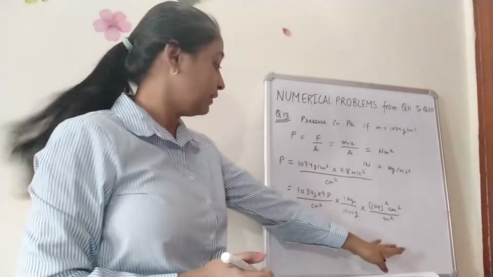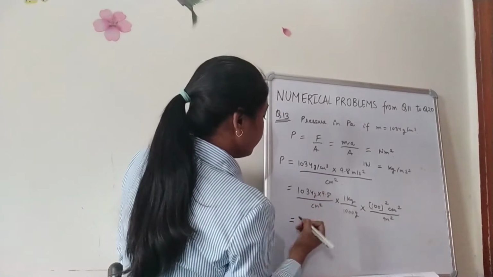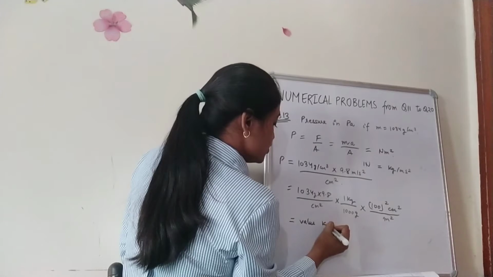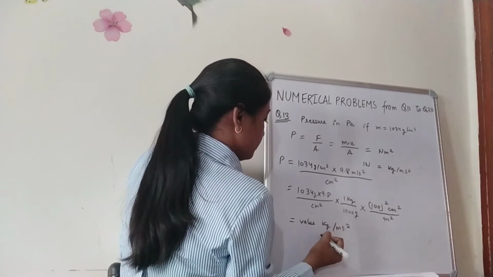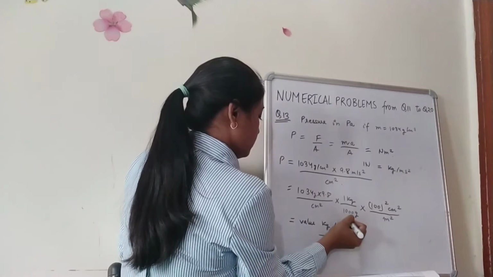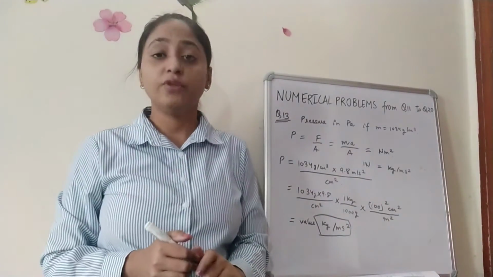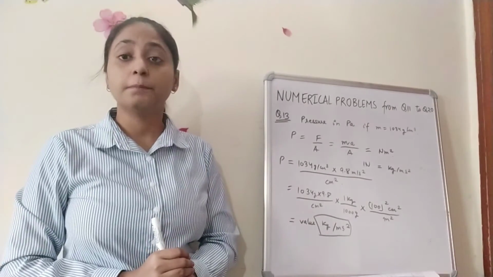That's why we have written it here. Solving this, we will get the value in kg per meter second square, right? So this is how we calculate the pressure in Pascal.